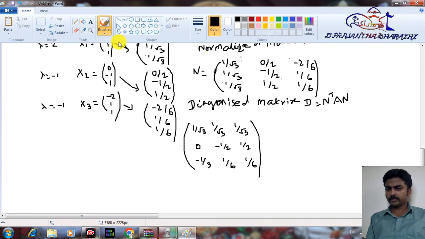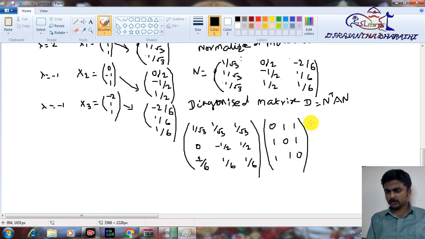Since I am feeling more comfortable with minus 2 by 6, I am writing it that way because I want to see every denominator as the same. So minus 2 by 6. N transpose, what is A? A is 0, 1, 1, 1, 0, 1, then 1, 1, 0.